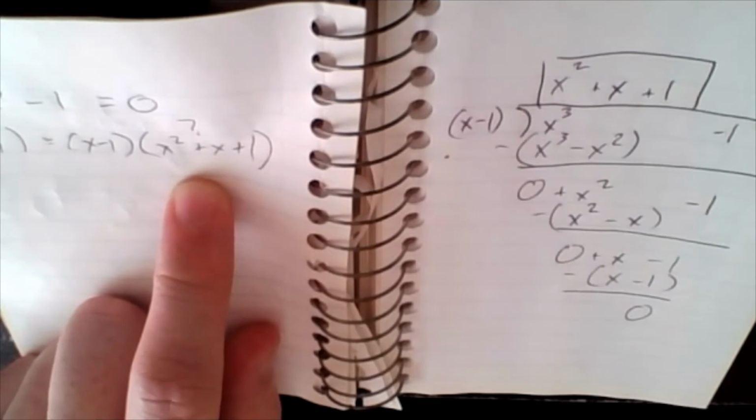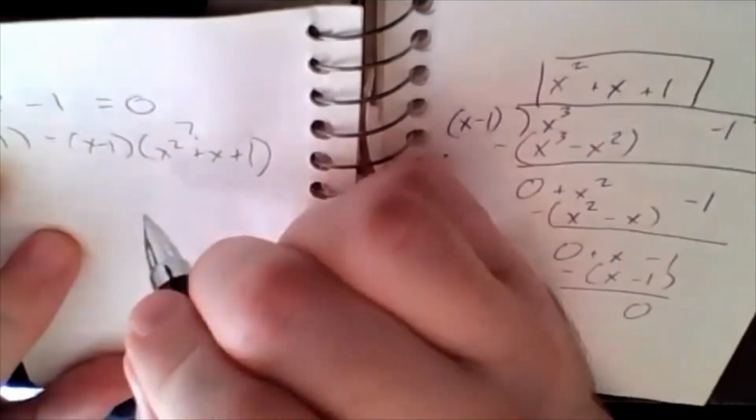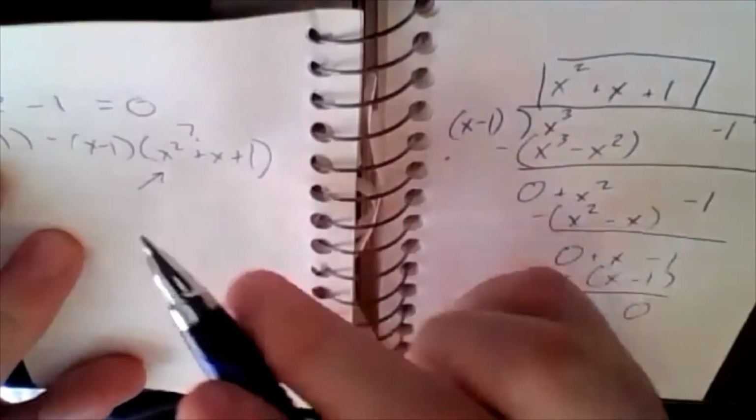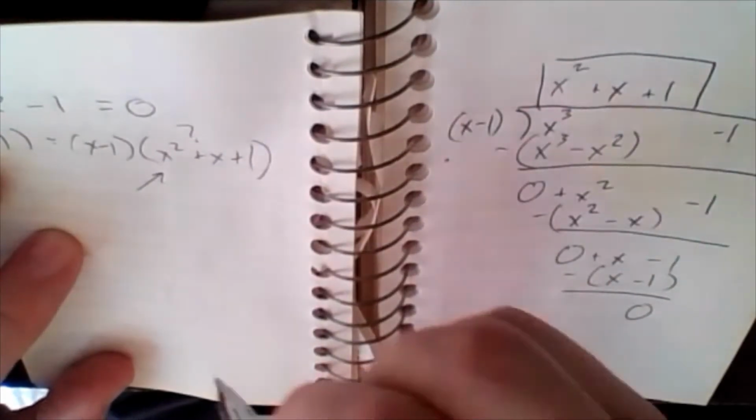Now, in a factoring problem, I want to continue to factor these until I get down to irreducible polynomials. But by using the quadratic formula, I can say, what would the roots of this x squared plus x plus 1 be?